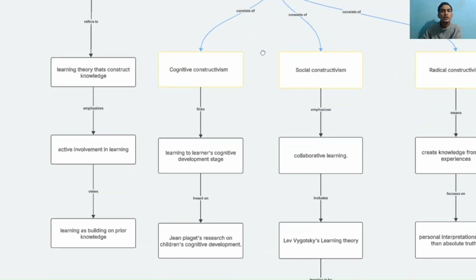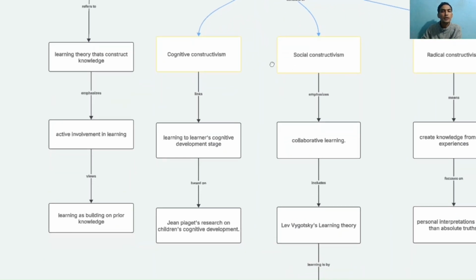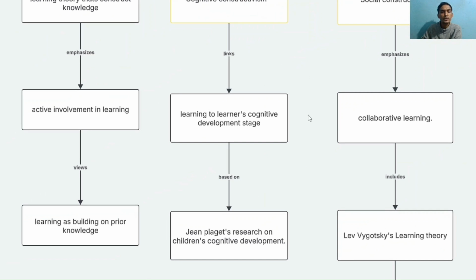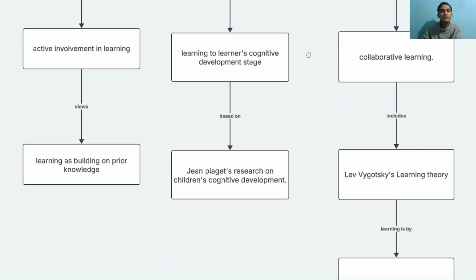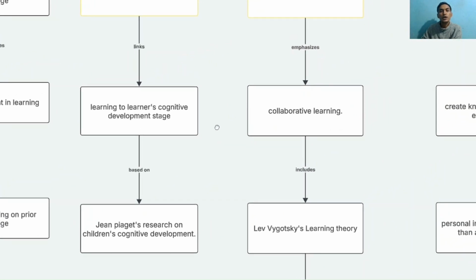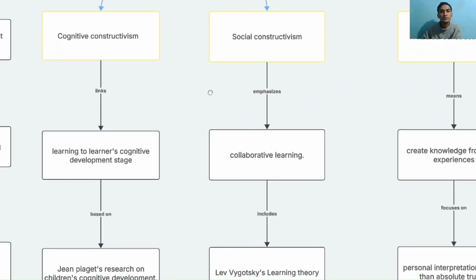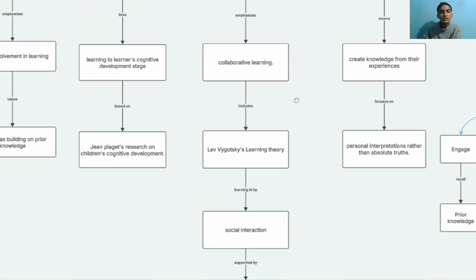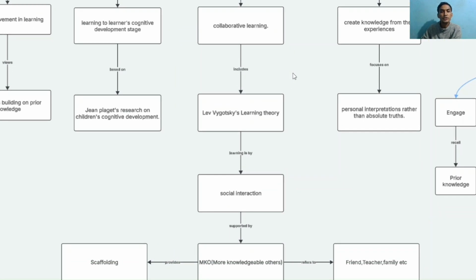The first one is cognitive constructivism, which links learning to the learner's cognitive development stage, based on Jean Piaget's research on cognitive development. Another one is social constructivism, that emphasizes collaborative learning, and that includes Vygotsky's learning theory.